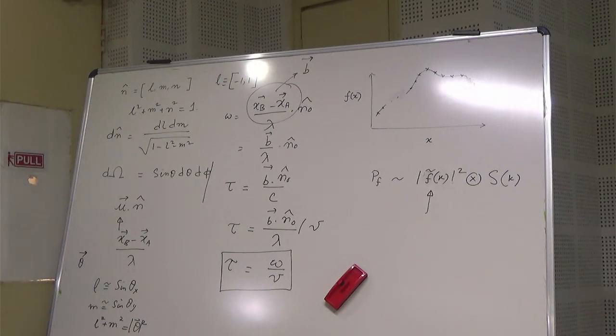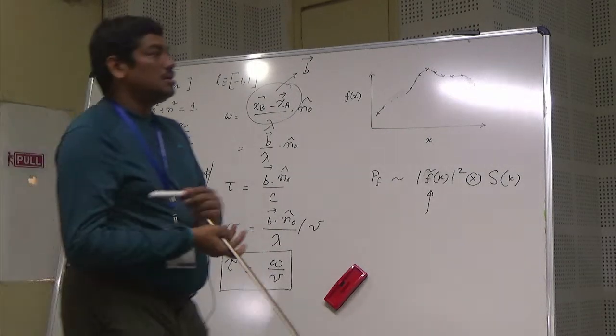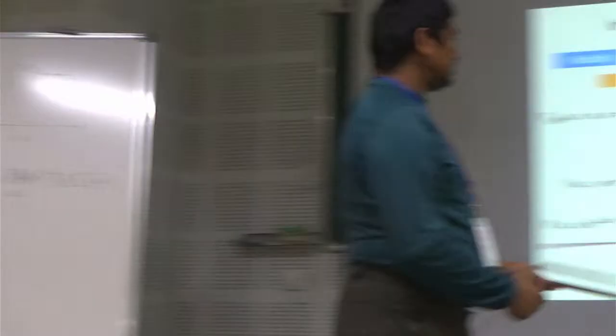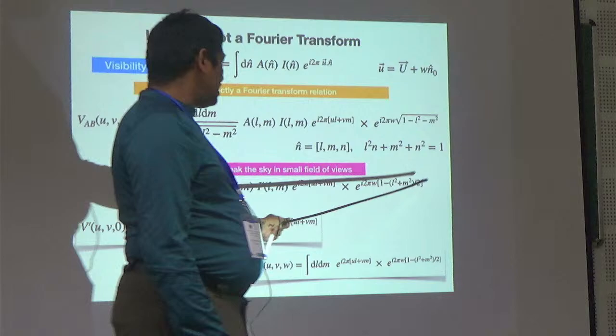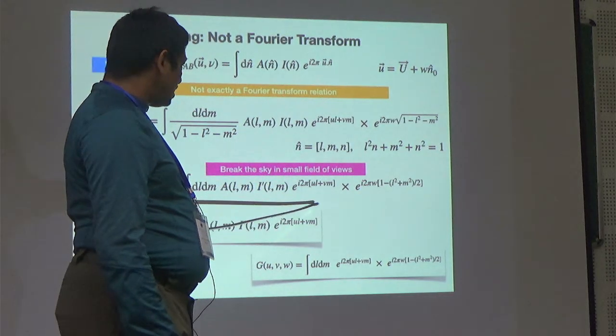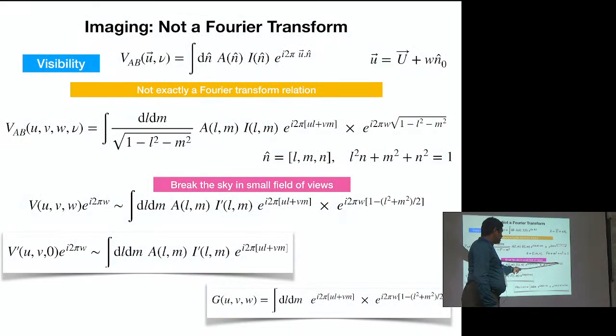So field of view small means L square plus M square is small. For each of these W projection planes, I can now do an expansion of this root of 1 minus L square minus M square. I can write that as two terms: one is 1, one is L square plus M square by 2. Then I multiply this side by e to the power i 2 pi W, such that I can get rid of this term.